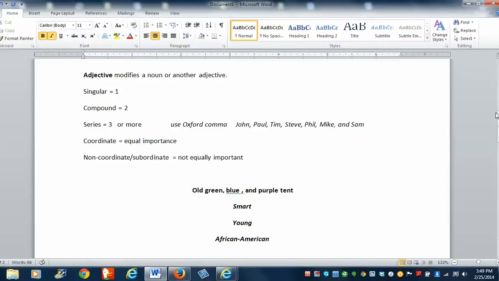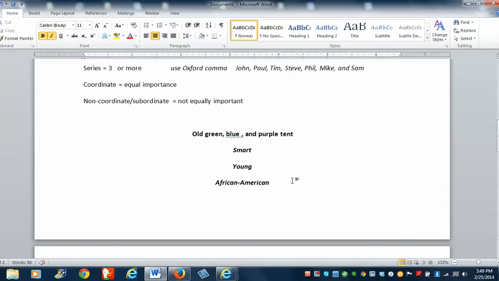Tell me how you would order them up in front of that noun woman. And I know we've actually done this in class. Some of you who are listening to this have already seen this example up on the board, and we've discussed it. But anyway, what we discovered is that you would put African American closest to woman because it's like the most important describer, if you will.